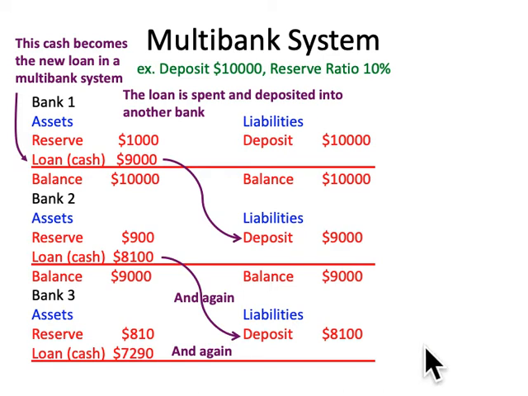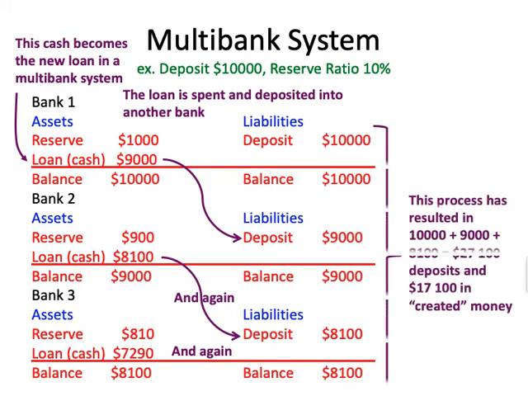So if we look at this, we see a scenario where a $10,000 deposit initially, right here, turns into a $9,000 loan, which becomes another deposit, turns into an $8,100 loan, which becomes another deposit. And then you see that $7,290, if we had more space in the slide, would become another deposit.